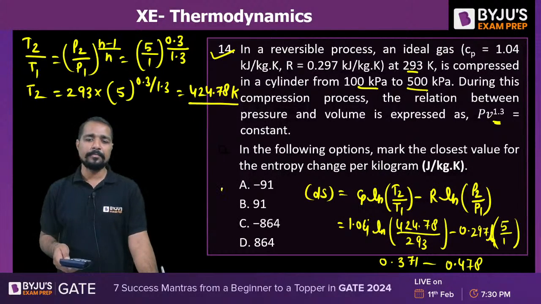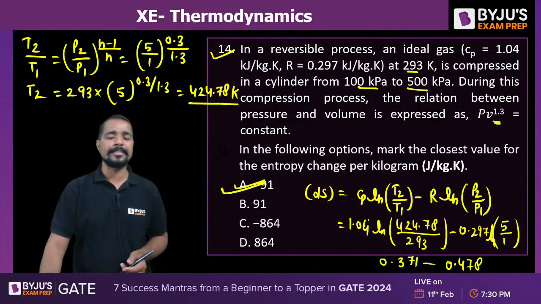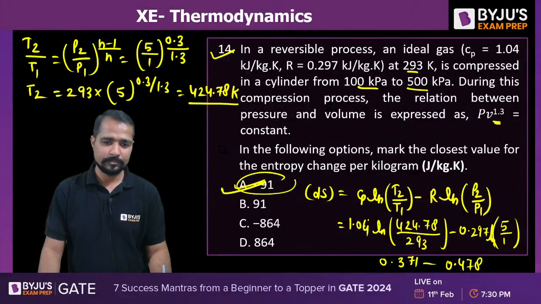What are we getting? Minus 91. When we solve it, we are getting minus 91 as the correct answer. Good. A is the correct answer.